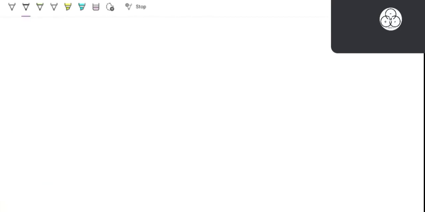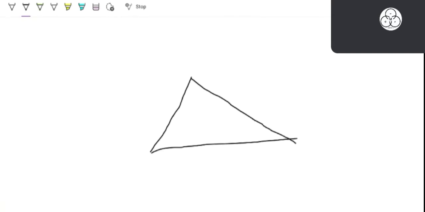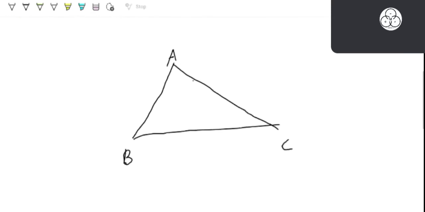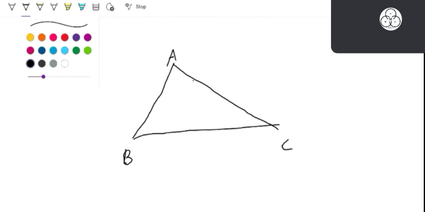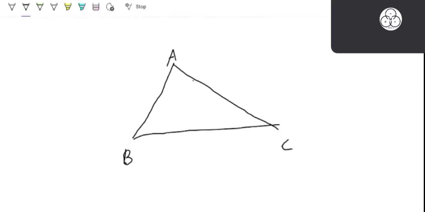Suppose we have a triangle ABC, and this is the angle bisector, with D on BC.